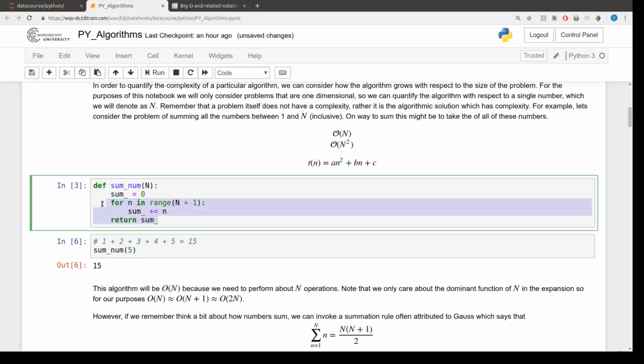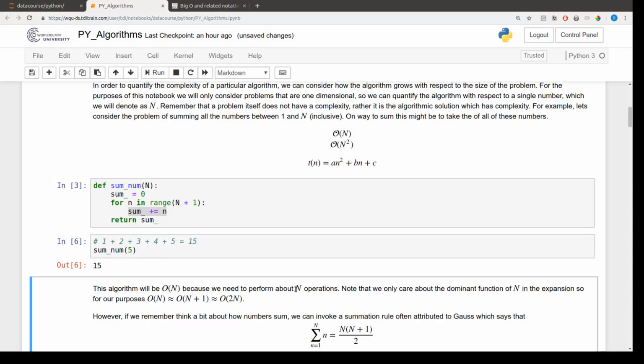And now to analyze it, we'll ask ourselves, how many instructions do I need to execute? Well, I essentially need to execute 1 instruction for every number between 0 and n. So as n gets bigger and bigger, I will execute 1 more instruction. So we would say this algorithm is order n.